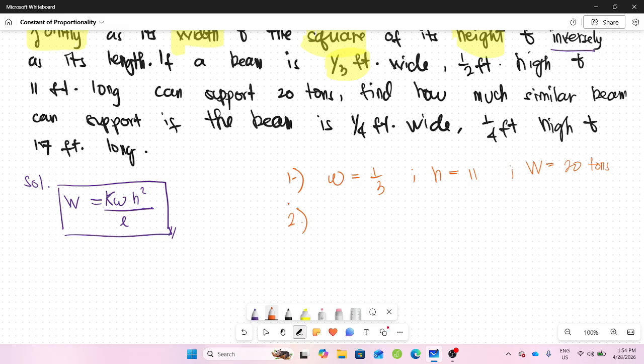Now, for the second condition, you have to find how much a similar beam can support. So we have to find the maximum weight that another beam can support if the width is 1/4, while the height is 1/4, and the length is 17.